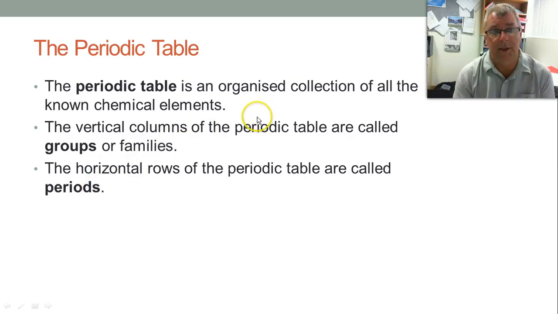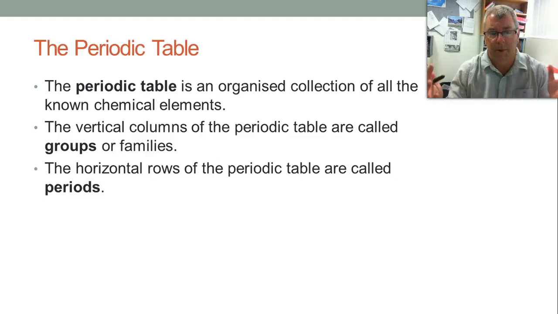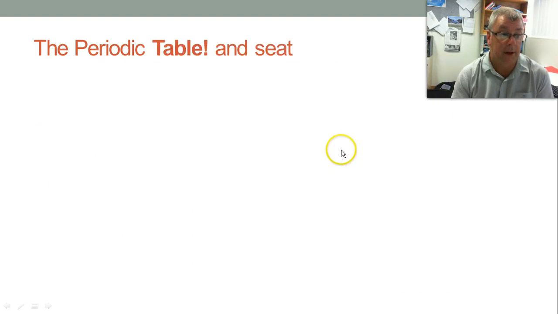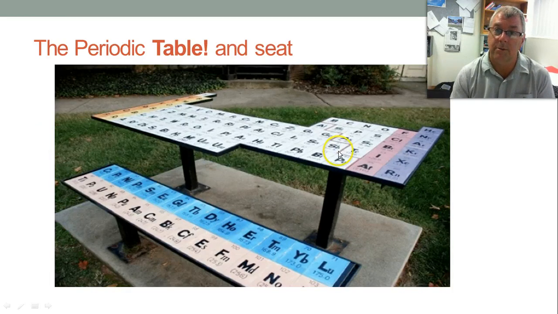If you Google periodic table, you'll get exactly the same periodic table in terms of where all the elements are and the groups and the periods, but it's just got a little bit of different colour and different font, etc. And I'll show you a couple of examples of what the periodic table looks like. Here we go.